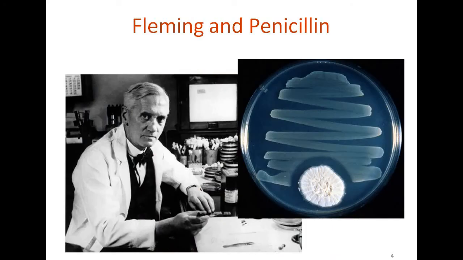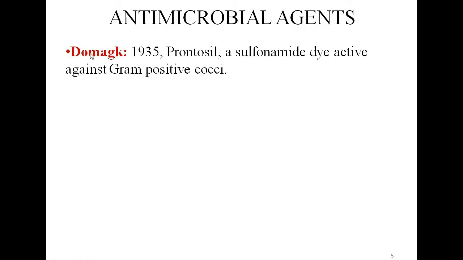This is a picture of Sir Alexander Fleming, who discovered the first known antibiotic, namely penicillin. The German chemist and pharmacologist Domagk in 1935 used for the first time a sulfonamide dye which was used in the textile industry.